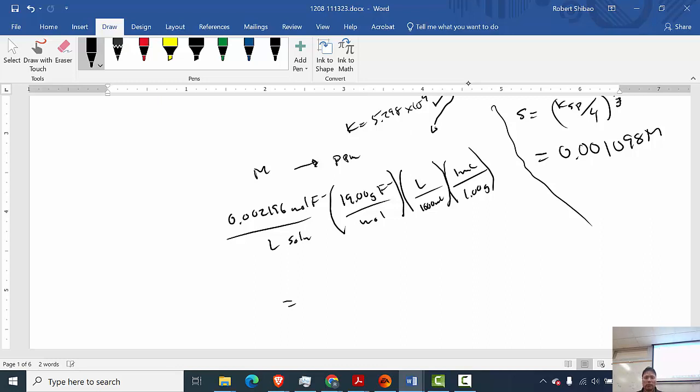And so let's go ahead and multiply this out. So it's going to be 0.002196 times 19 divided by 1,000. 4.1724 times 10 to the minus 5 grams of fluoride for every 1 gram of solution.